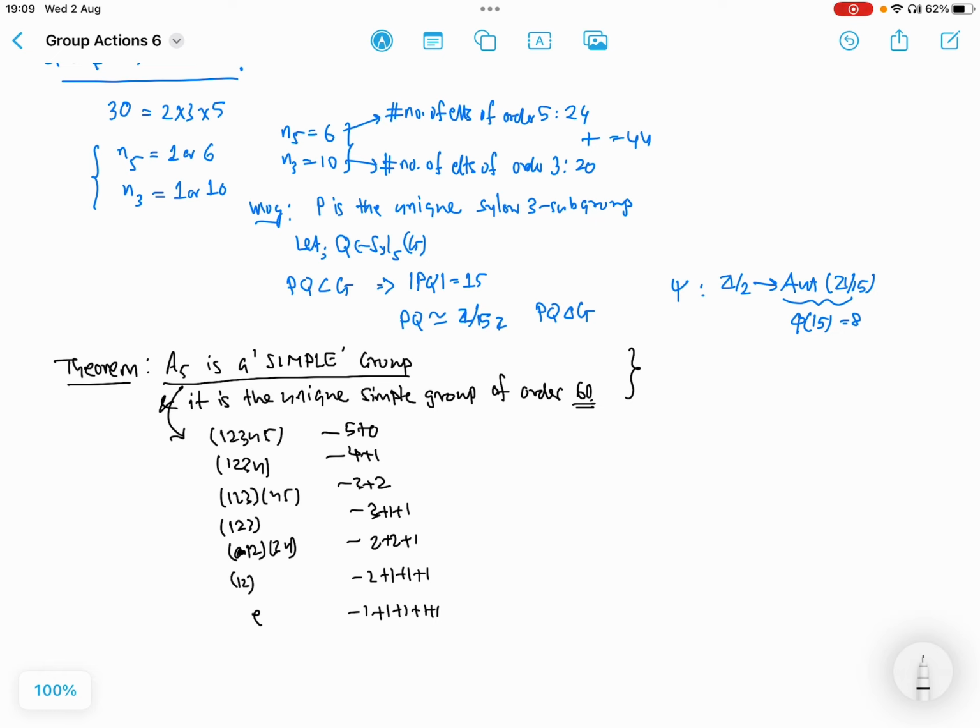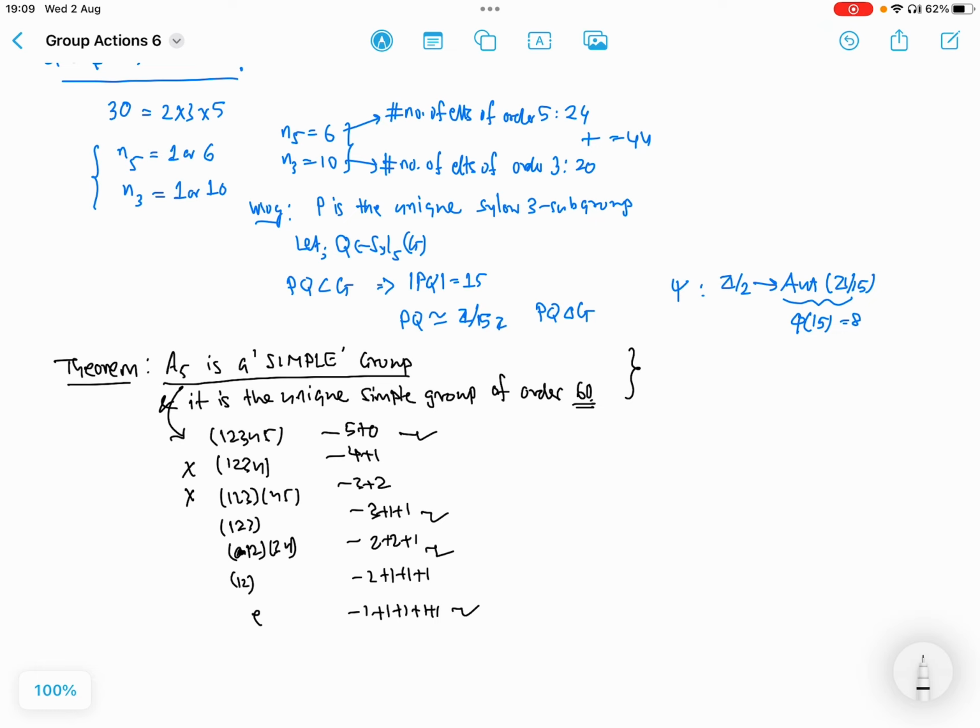Okay. Now among all these, let's see which of them can be inside A5. So this is possible. This is not possible. Again, this is not possible. This is, and again this. And also the identity. So four of them are possible.